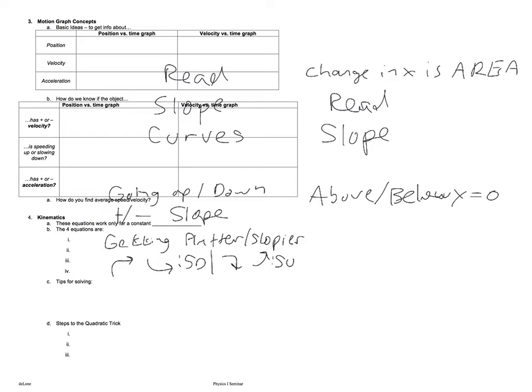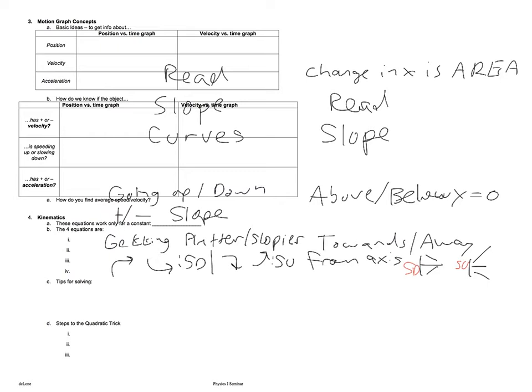And on a velocity versus time graph, we're looking at whether or not we are going towards or away from that x-axis. So slowing down looks like this, and speeding up is going to look like this. So here we have slowing down and speeding up.